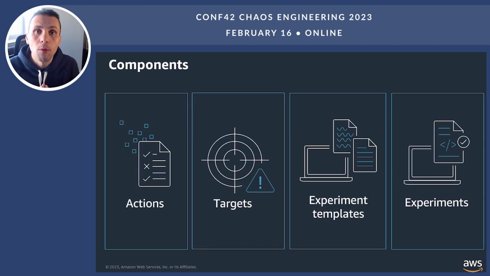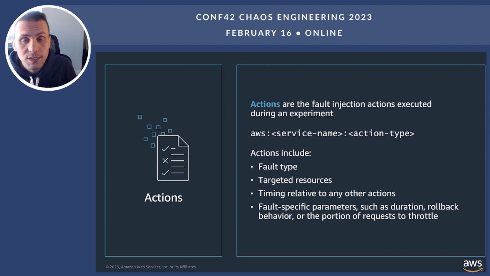Let's talk about some of the components that are part of the Fault Injection Simulator service. You have actions, you have targets, you have experiment templates, and then you have experiment. So let's look at each one of them individually. Actions are the fault injection actions executing during the experiment.